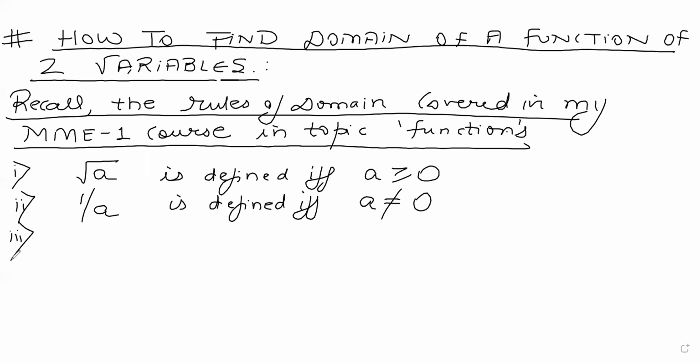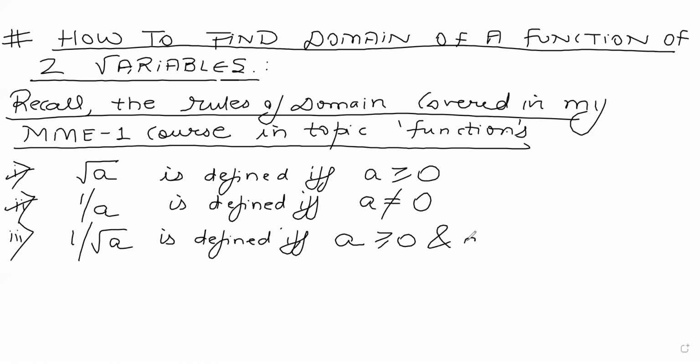The third rule which we had done was if I combine 1 and 2, 1 upon square root of A. This is defined if and only if A is greater than or equal to 0 and A is not equal to 0. Together I can say A is strictly greater than 0.